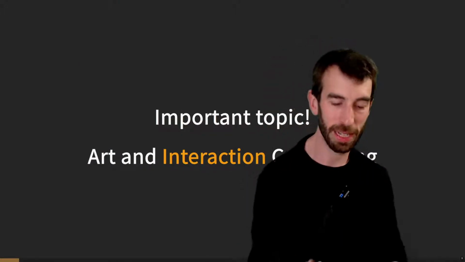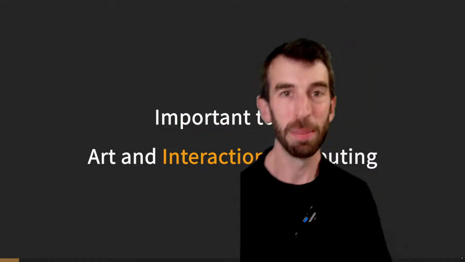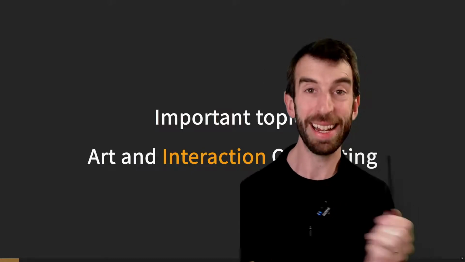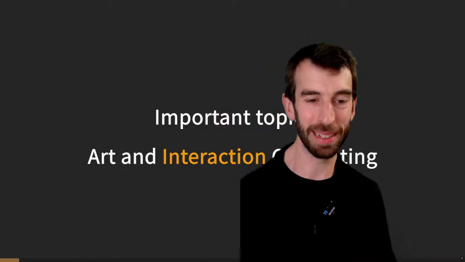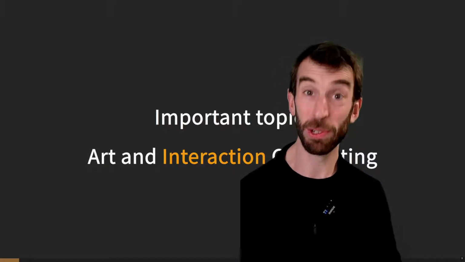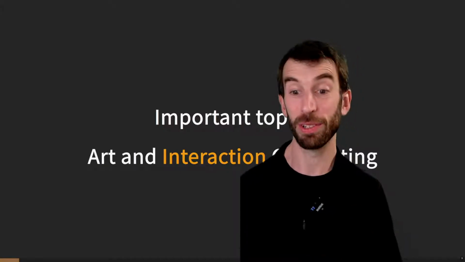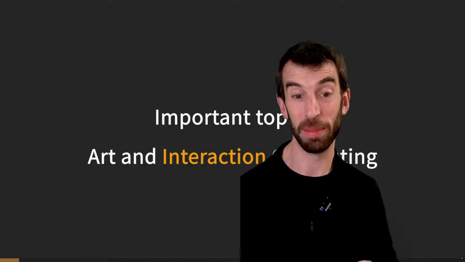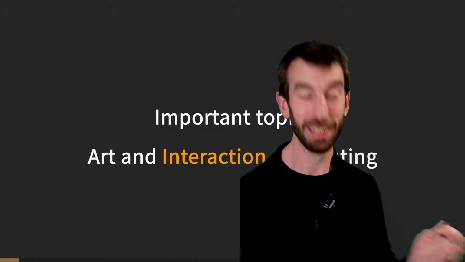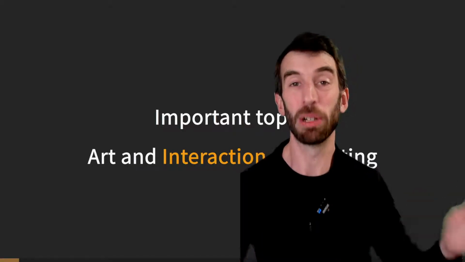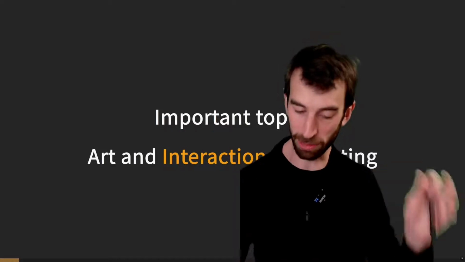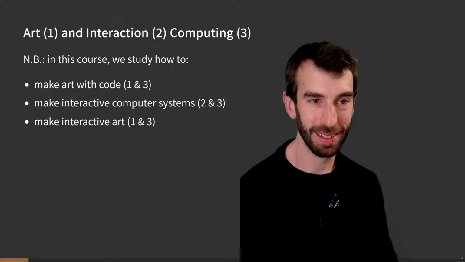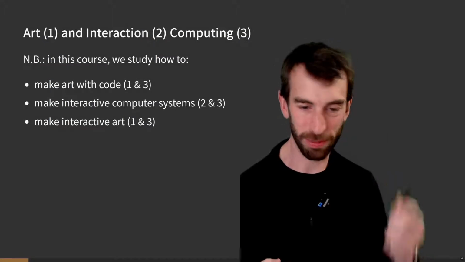So interactive art is an important topic because it's in the name of this course, Art and Interaction Computing. So far we've talked a lot about art, we've talked a lot about computing, and we're now going to talk about interaction. And that's really what we will talk about for the rest of the course, because it's so important to tie all of these topics together. I think we went through a slide sort of like this in the first week.